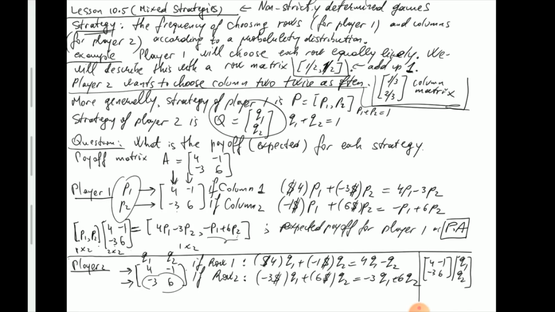So basically in this case, the expected payoff of player 2 is going to be A times Q, in this order. By big Q, remember we mean the column matrix representing the strategy of player 2.